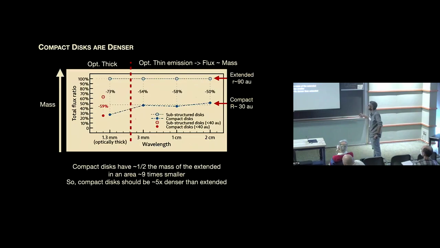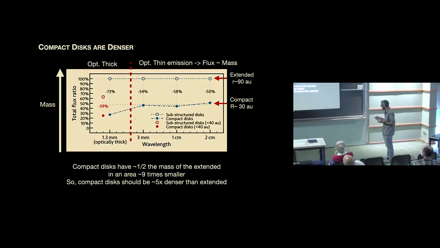This is a plot, this is the mass at different wavelength. No, this is the flux, sorry, at different wavelength. In the optically thin emission regime, you can consider that flux and mass are related. So if we have half the flux in the compact disk relative to the extended disk, this means that compact disks have half the mass, on average, than the extended disk, no?